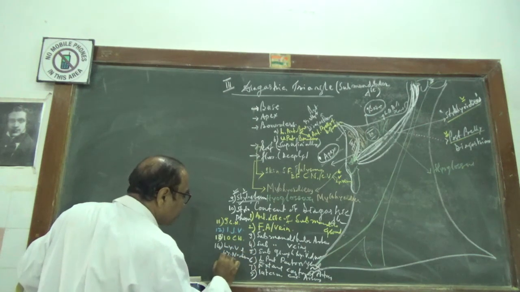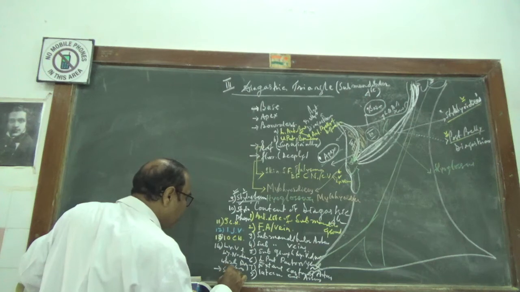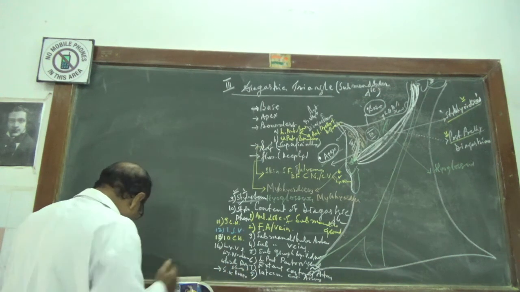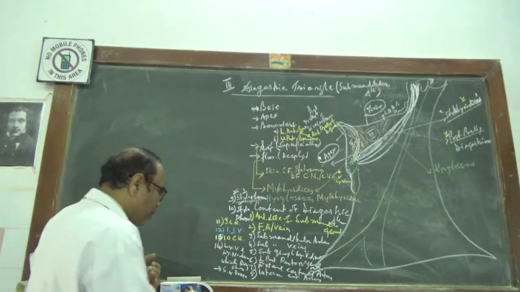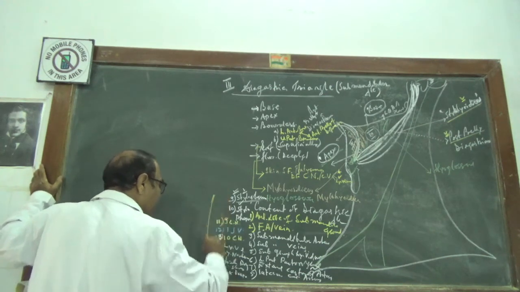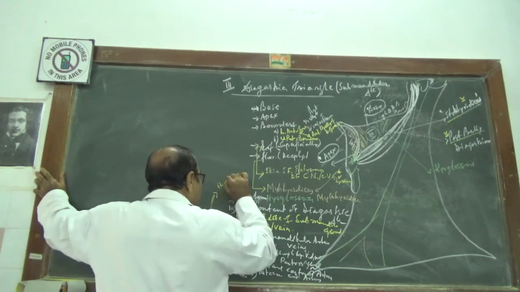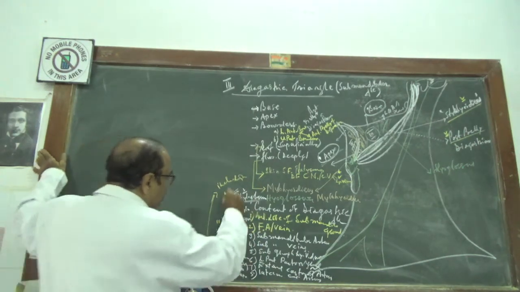which are present in the digastric triangle, both superficial and deep. So they are called the submandibular group of lymph nodes, including the parotid group.